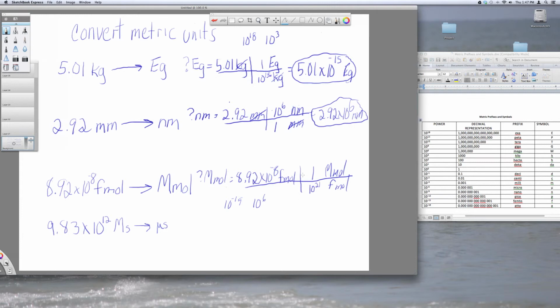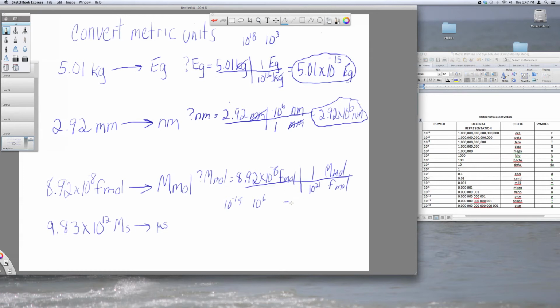Am I going to multiply or divide? Well, in this case, my big number's on the bottom, so I'm going to divide. 8.92 times 10 to the negative 8th divided by 10 to the 21st. You would type this in on a calculator, 8.92 EXP or EE, negative 8, divided by 1 EXP or EE, 21.